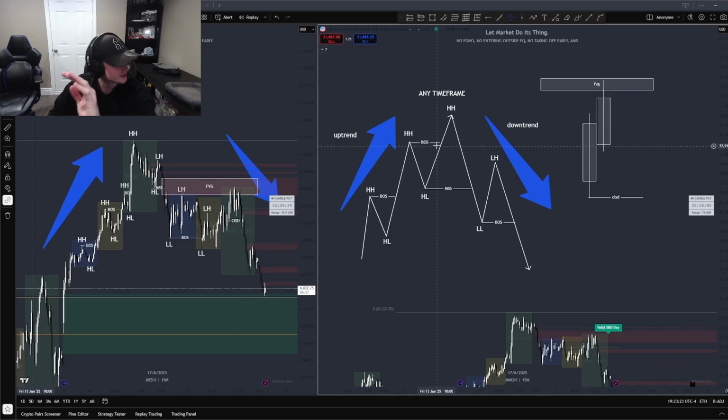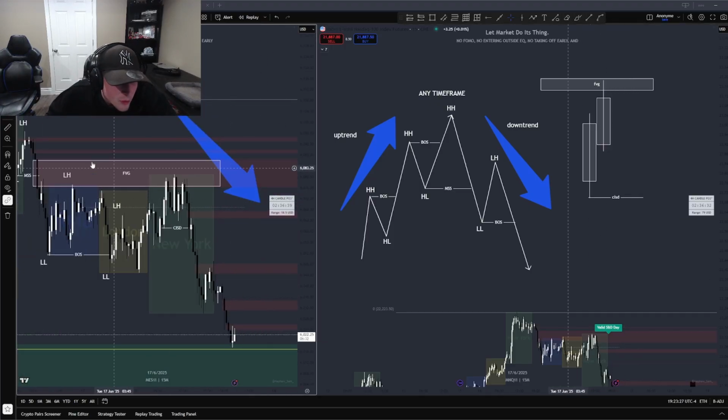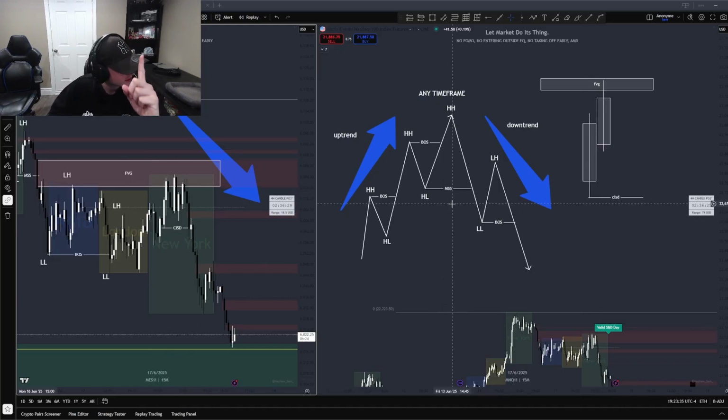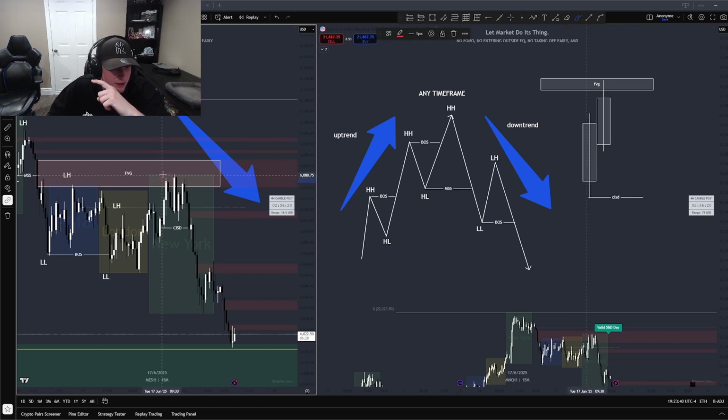Now, I'm going to give you guys an example in the chart so you understand, okay? So right here, we have this fair value gap, right? You see how this thing has 3 taps into it? The first tap is right here. Are we all in agreement?